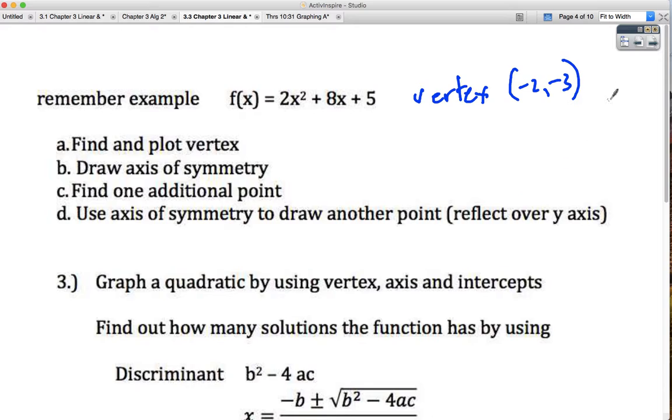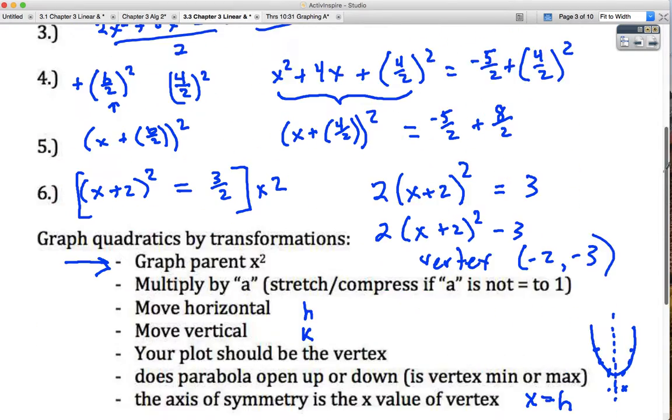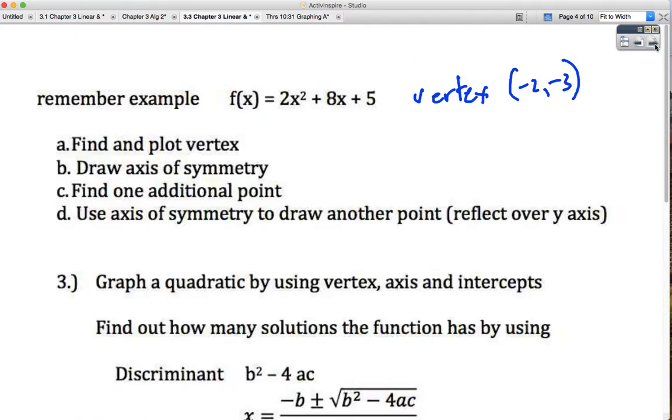Okay, I think that's what we got, right? -2, -3. Let's see if we can graph that by using that last method, which means that I take negative b over 2a and f of negative b over 2a.